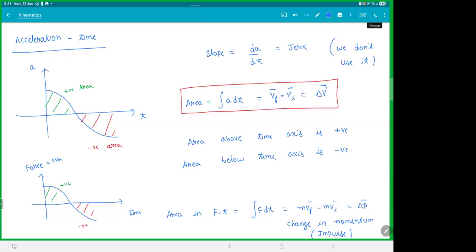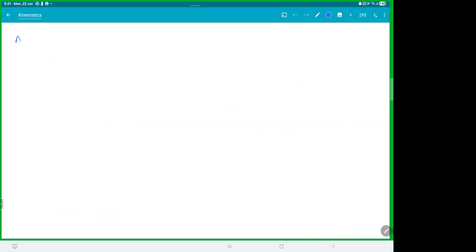The next thing, acceleration position graph. This is one graph, which stumps people. Now see, this thing can be actually on the negative side also.